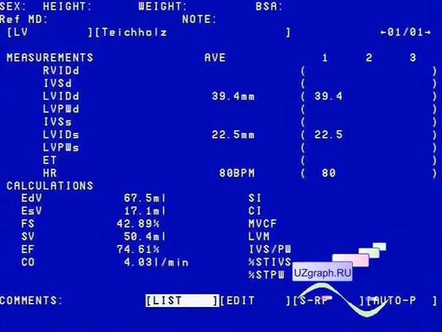Now you can see the result screen with all calculations. This includes diastolic and systolic volumes, ejection fraction, stroke volume, shortening fraction, and cardiac output.